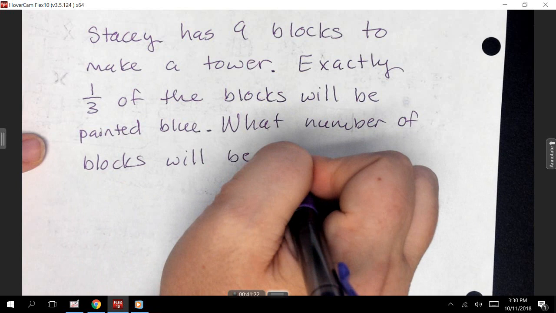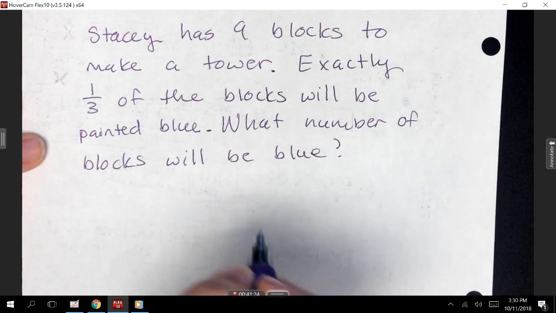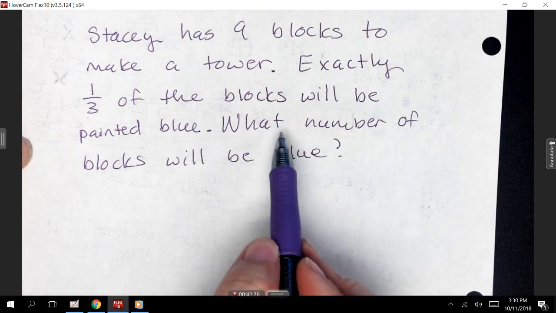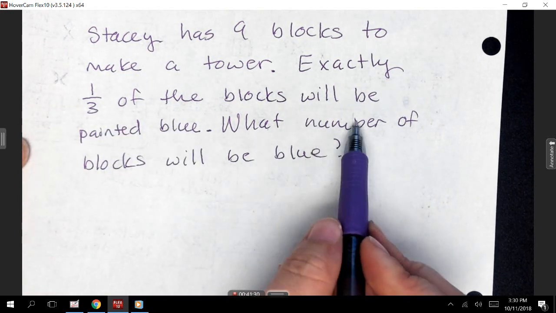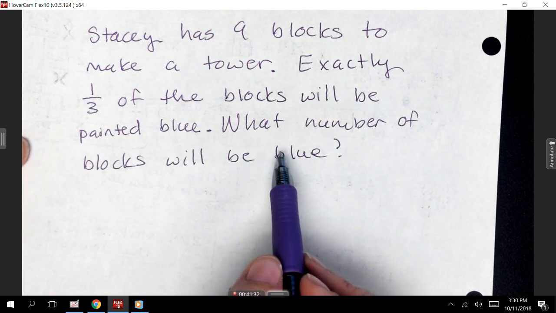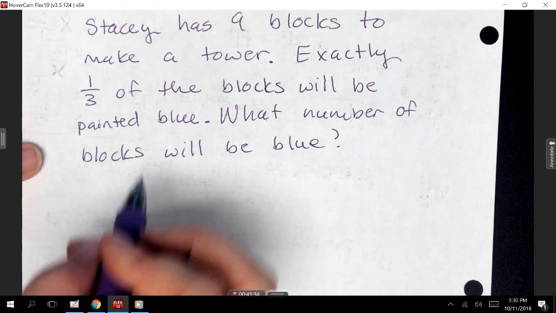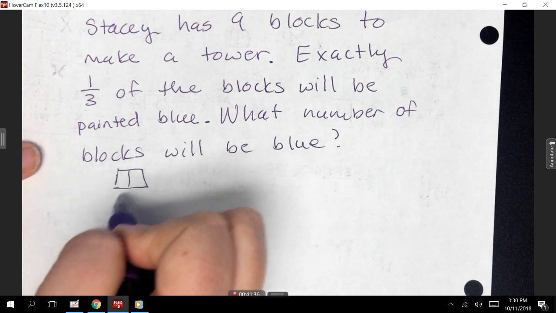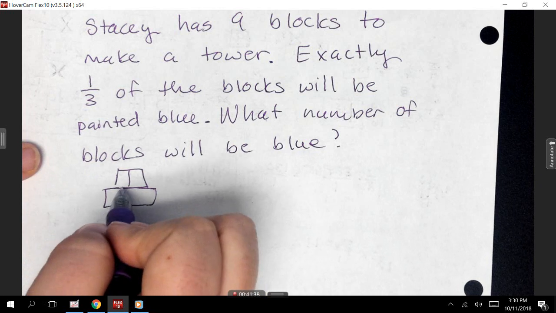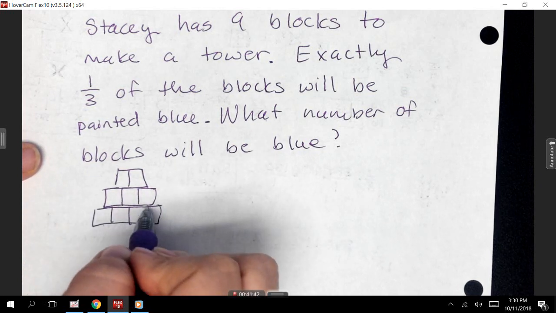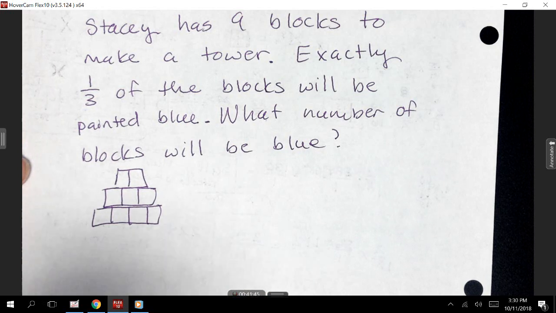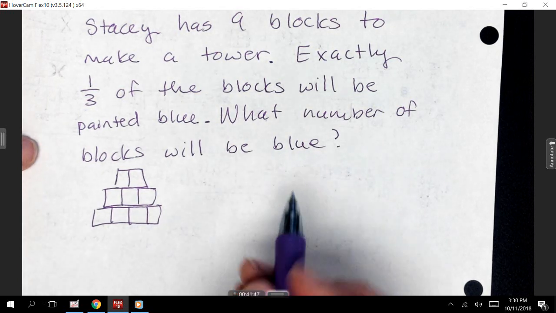You have to be careful because this isn't asking what fraction of blocks will be blue. That would be easy. It would be 1/3. It's asking what number of blocks. So we have to actually calculate this, and there will be a picture for you tomorrow. I think it's easier just to do the math and work it out versus depending on the picture. So that's what I want to talk to you about.